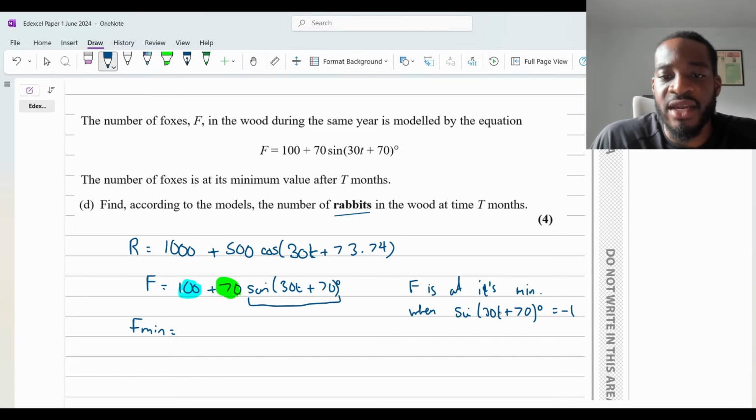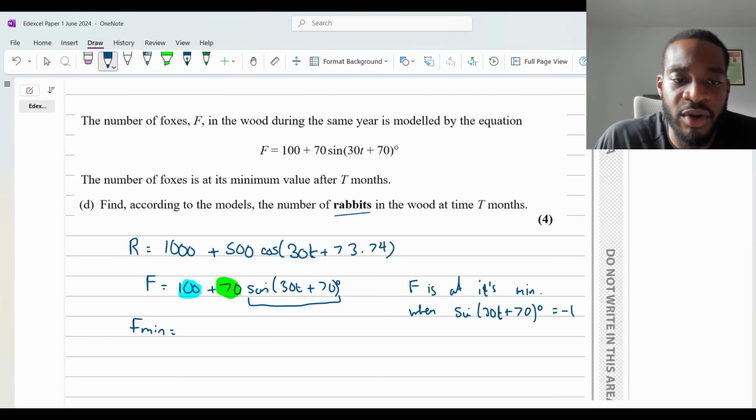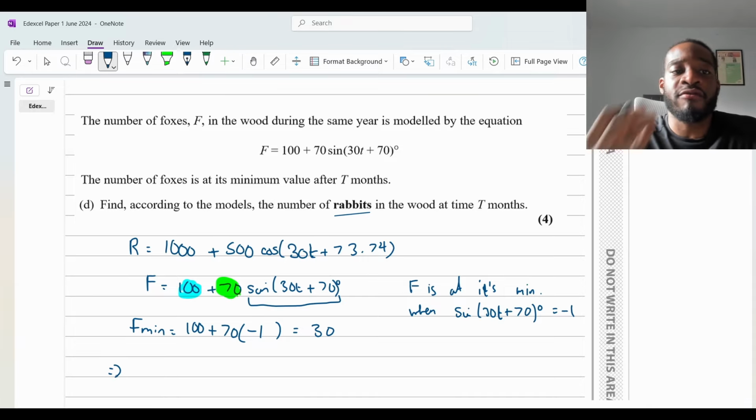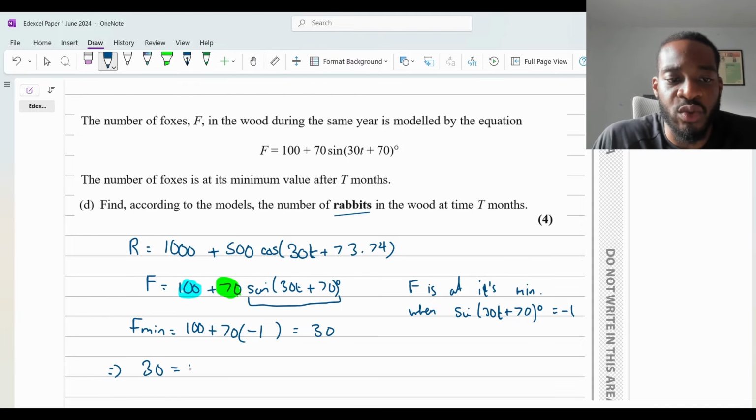We could solve this, or, which is quicker, because that's -1, we're going to have 100 minus 70, which is 30. So we know the minimum number of foxes is 30. We could say 30 is equal to 100 plus 70 sine of 30t plus 70.